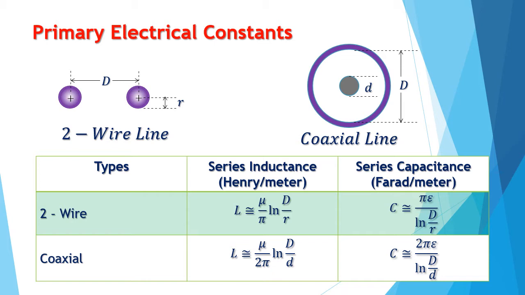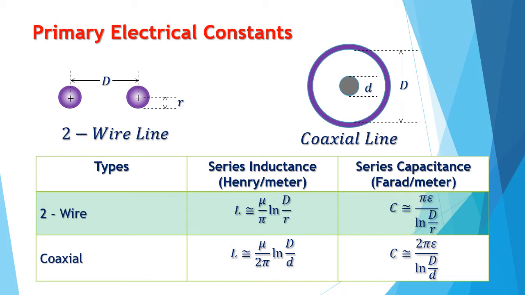So to solve for the series inductance in Henry per meter, we have two different formulas, one for two-wire and one for coaxial. For two-wire, we can solve the series inductance by this formula.